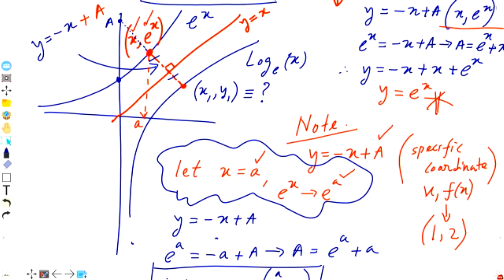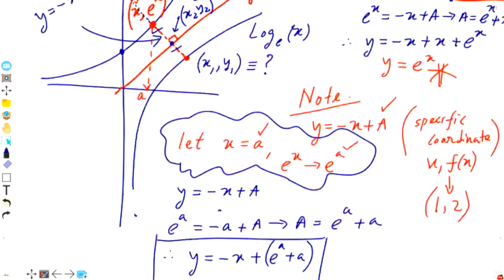Before you do that, can you find the coordinate here? X2, Y2. Can you find the coordinate here? You can, right? Why? Because you know this line, y is equal to x, right? X2, Y2 you can find, right? Okay, let's find it.